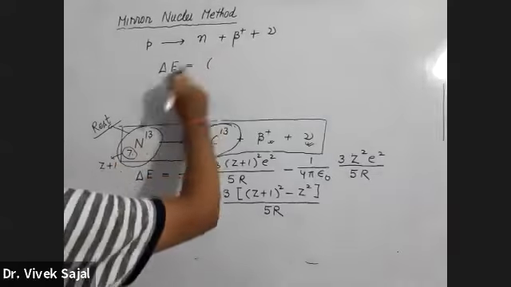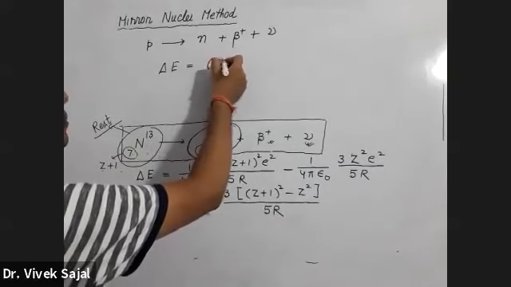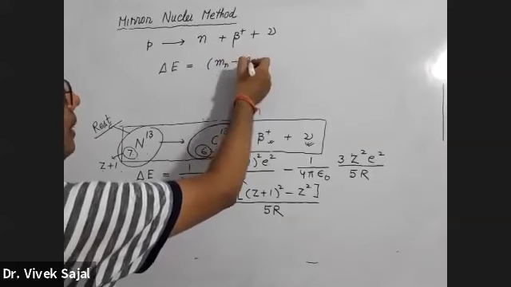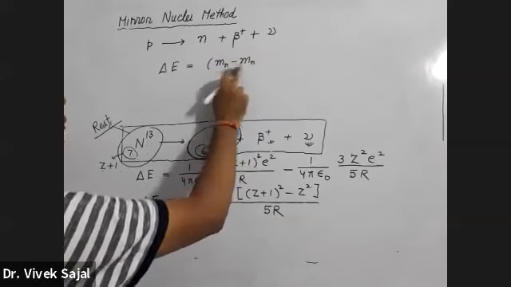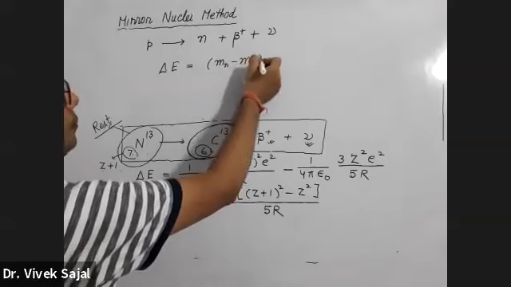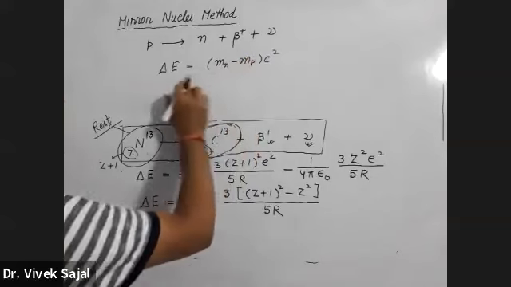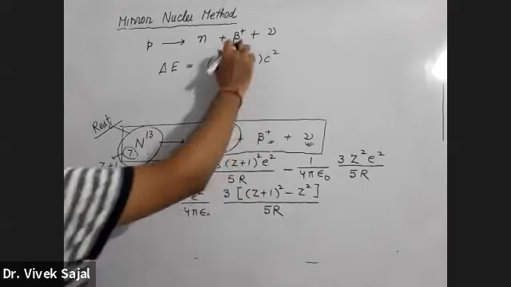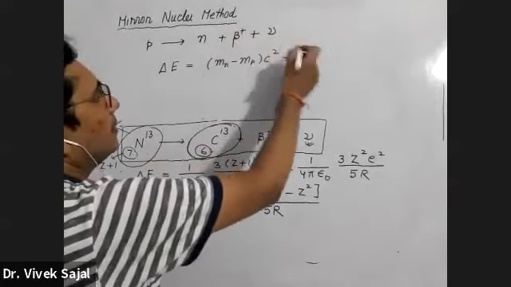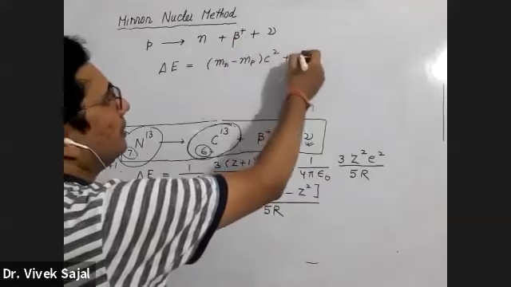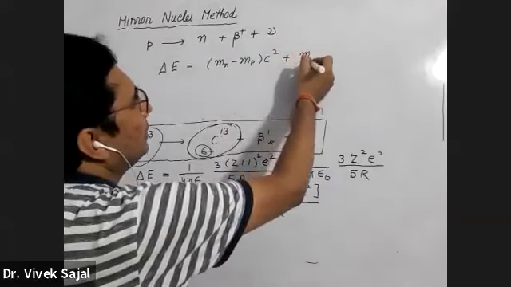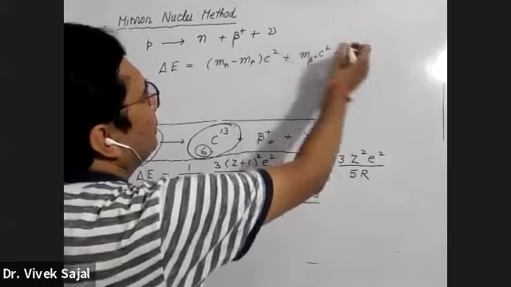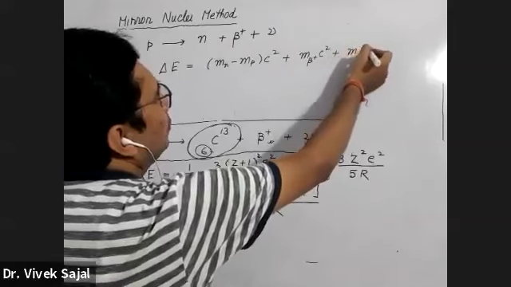So a part of this energy will be utilized for creating mass, that is Mn minus Mp into c square, plus the creation of this positron, m beta plus c square, plus this m nu c square.